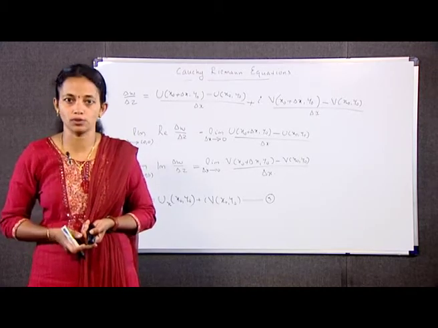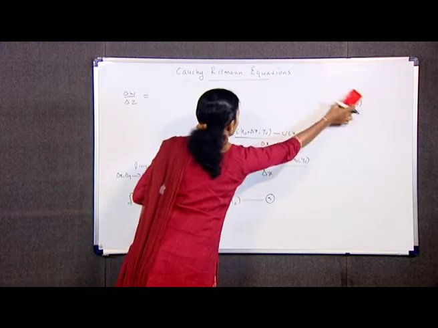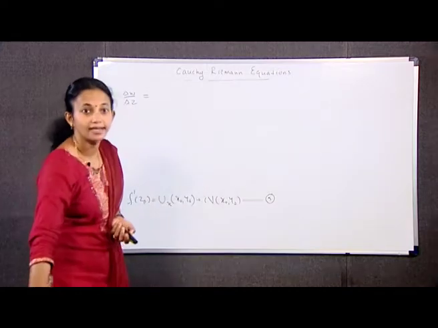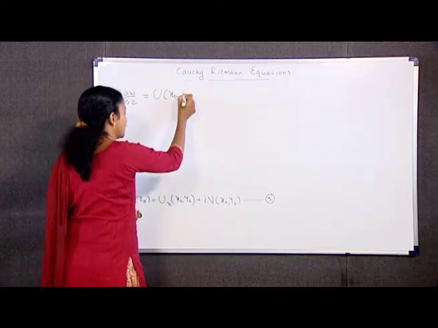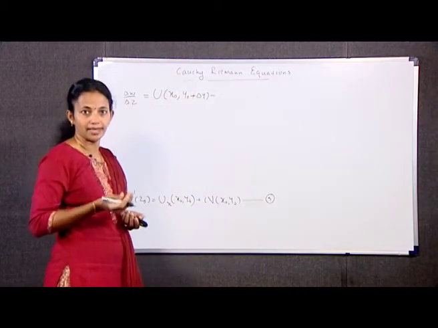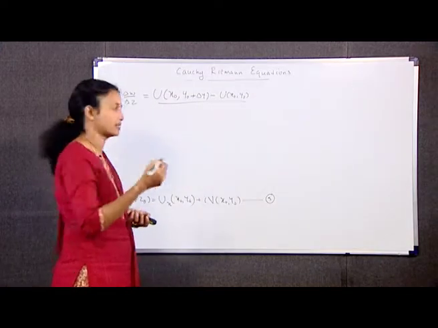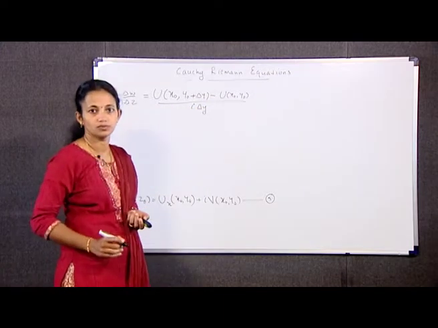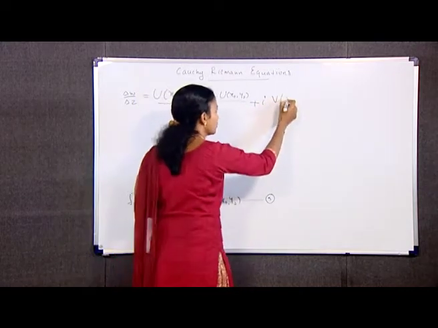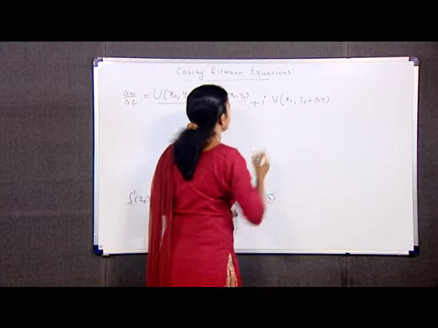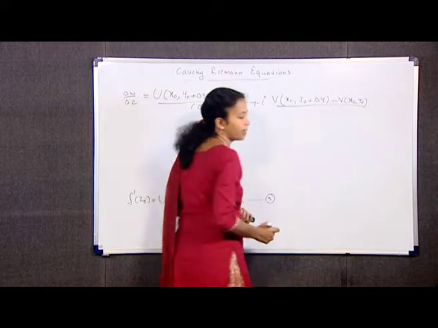This means that delta x is equal to 0 and the quotient delta w by delta z becomes [u(x0, y0 + delta y) - u(x0, y0)] divided by i delta y, plus i into [v(x0, y0 + delta y) - v(x0, y0)] divided by i delta y.